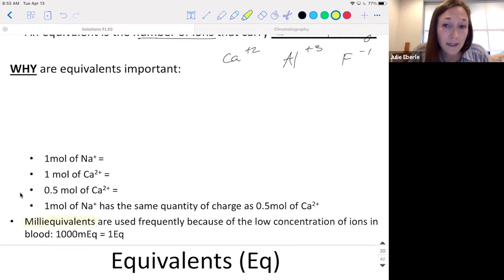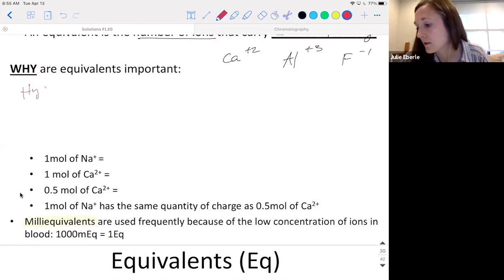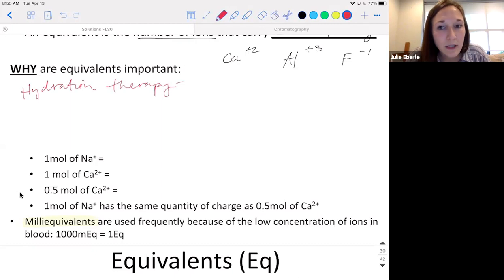So there's ways to treat this. One of the ways you can treat this is hydration. It's called hydration therapy. Anybody heard of that? When your body's depleted of electrolytes, you can do hydration therapy to balance out your electrolytes again.